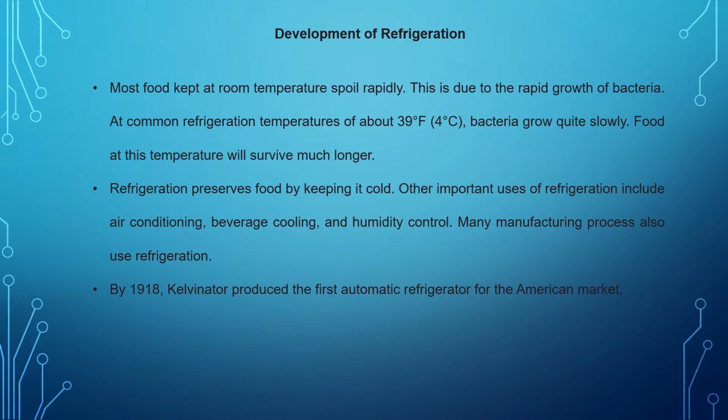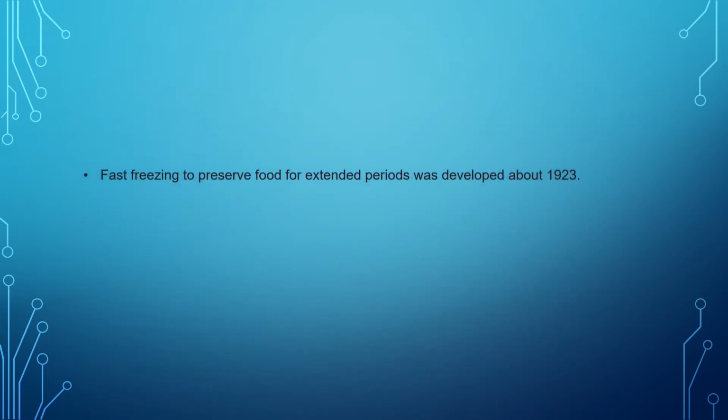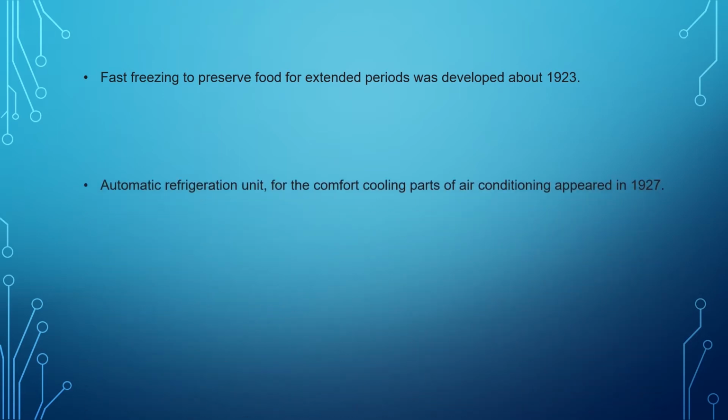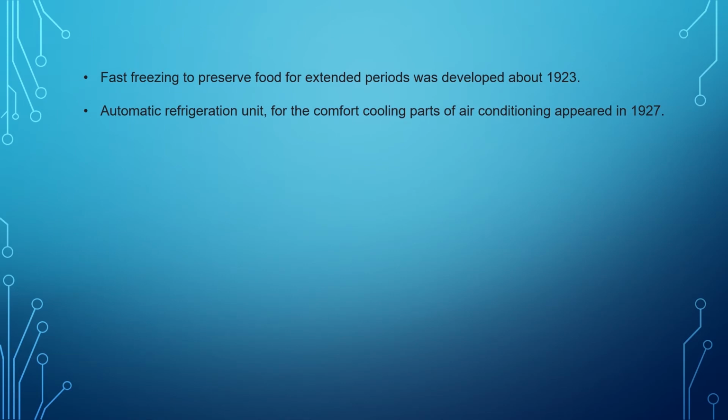By 1918, Kelvinator produced the first automatic refrigerator for the American market. Fast freezing to preserve food for extended periods was developed about 1923. An automatic refrigeration unit for the comfort cooling part of air conditioning appeared in 1927.